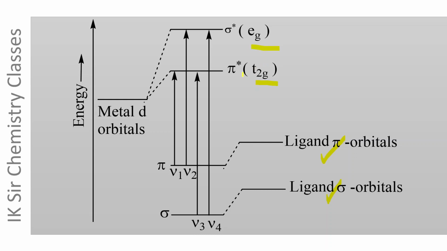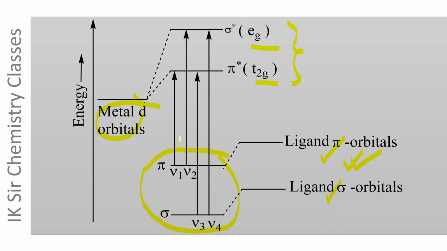This is pi star, this is sigma star MO. It means these are anti-bonding MOs, which are localized mainly on the metal atom, while these are the bonding MOs, which are localized mainly on the ligands.